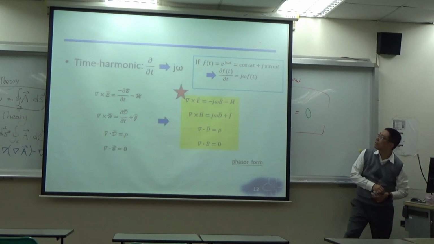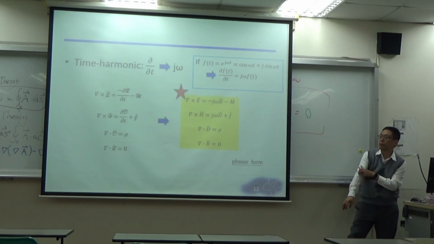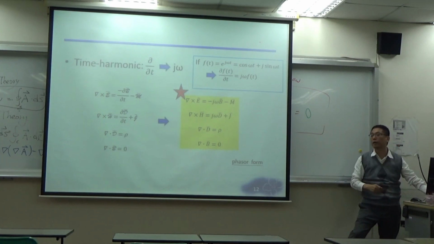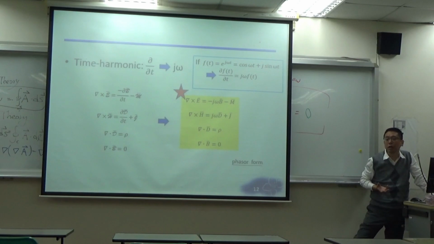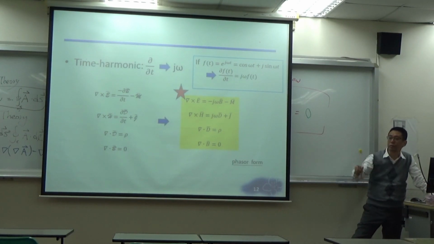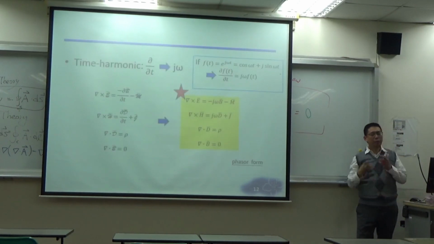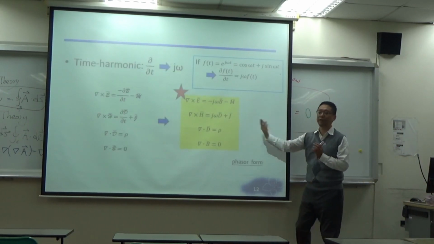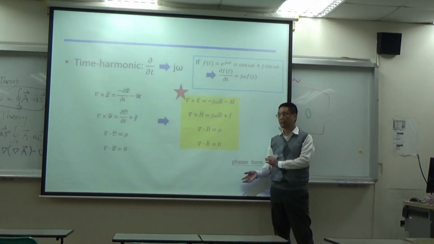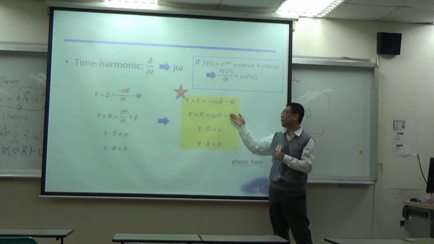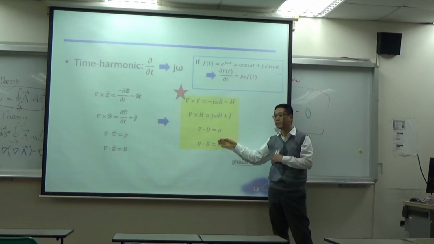So far we finished our first part. I already introduced Maxwell equations, and we will apply them to many problems. So, let's go to the next part. In the first part, remember what Maxwell equations are.